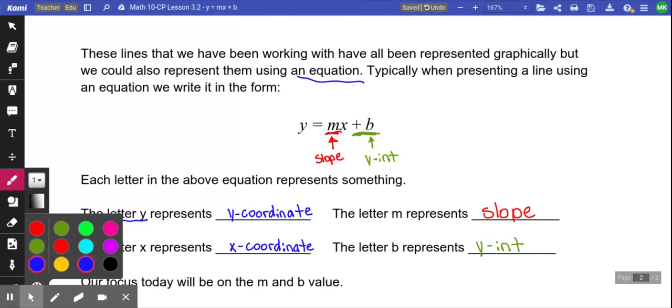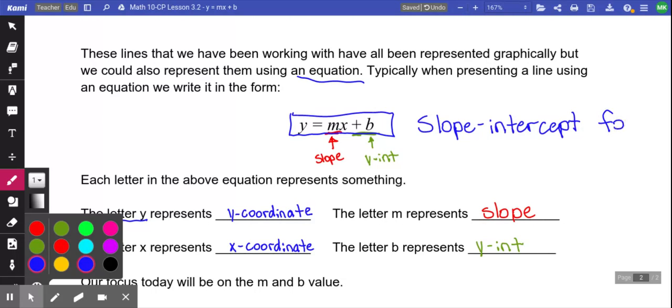Therefore, we call this slope-intercept form, because you can easily look at it and determine what the slope of your line is and what the y-intercept of your line is without even having a picture.